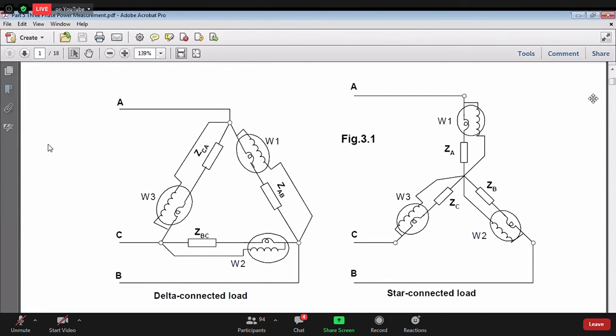In the same way, wattmeter 2 and wattmeter 3 are connected. So once again, we will get A phase power, B phase power and C phase power, and the sum of these three will be the total power.